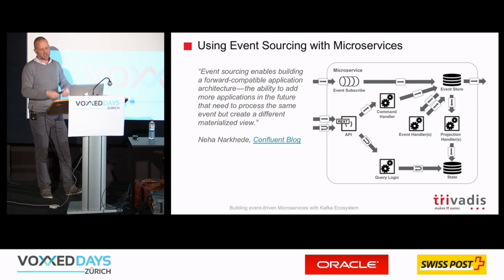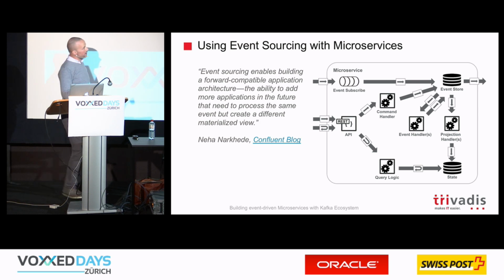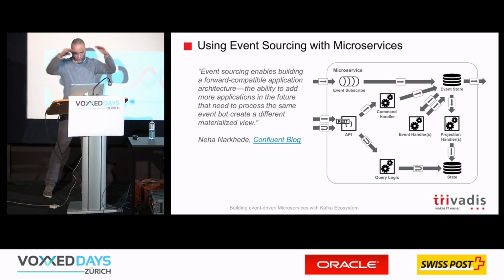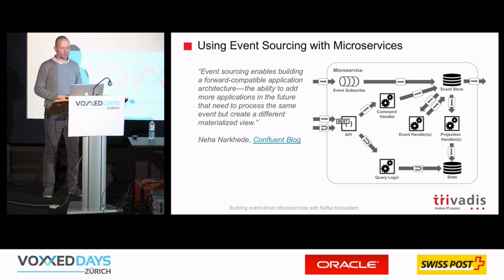And at the end, this is just a picture of event sourcing inside a microservice. Now you just have the boundary around it with an event store, event handlers, projection handlers with state and query logic.